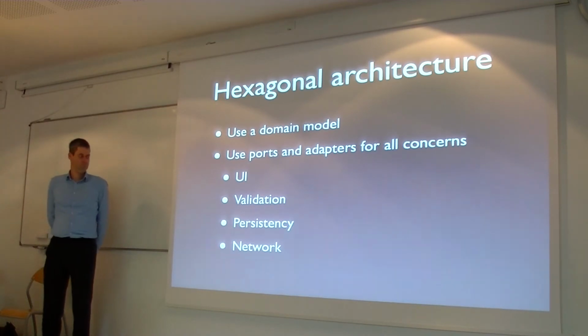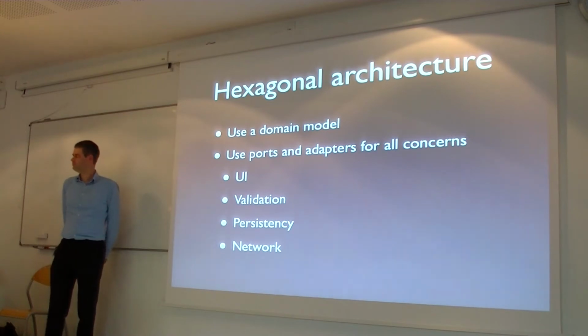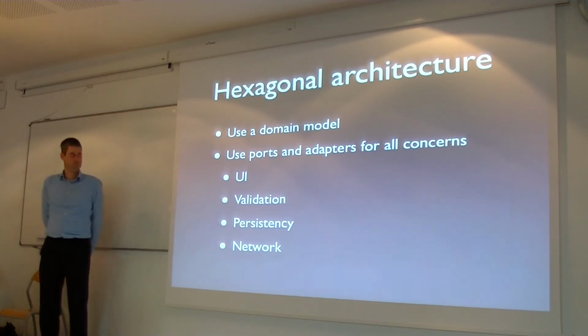That's called hexagonal architecture, something Cockburn described pretty well. If you Google it, you will find lots of information. And Magritte is something that can help us build something like this in Smalltalk.